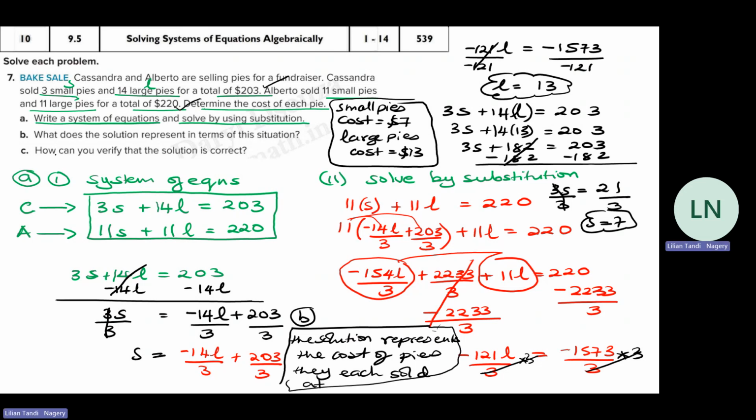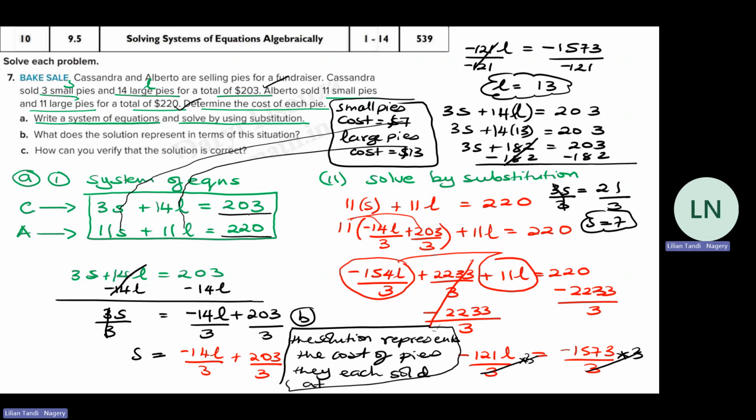How can you verify that the solution is correct? By substituting 7 here in Cassandra's equation and 13 here, and also in Alberto's, and you should get 203 and 220.